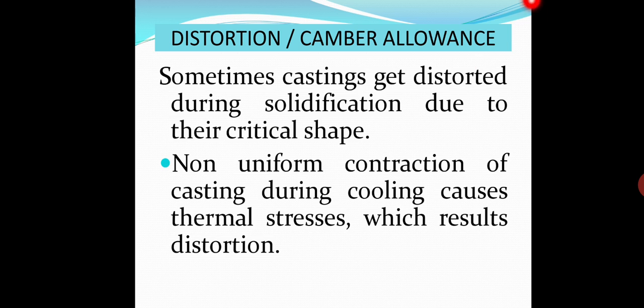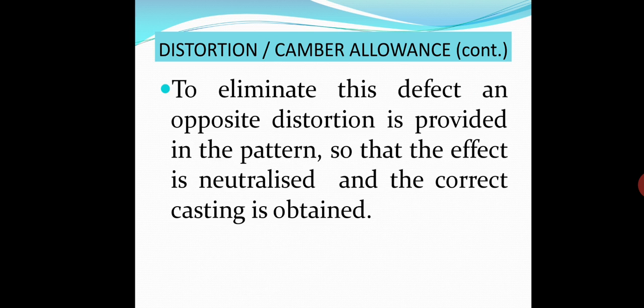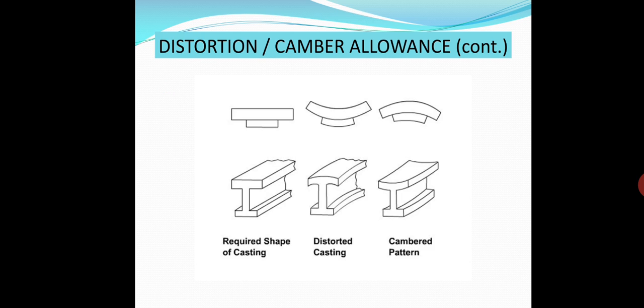To compensate this distortion, camber allowance is provided. In other words, to eliminate this defect, an opposite distortion is provided in the pattern so that the effect is neutralized and the correct casting is obtained. So these are the pattern allowances.